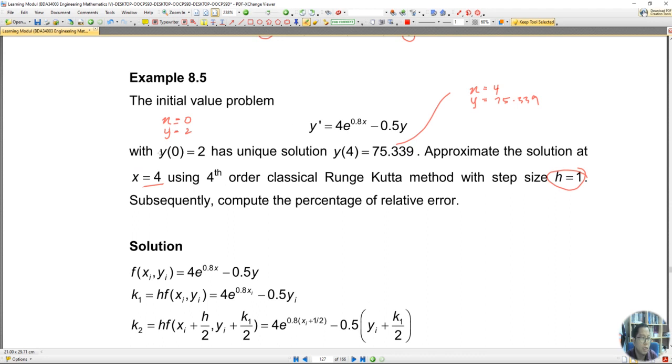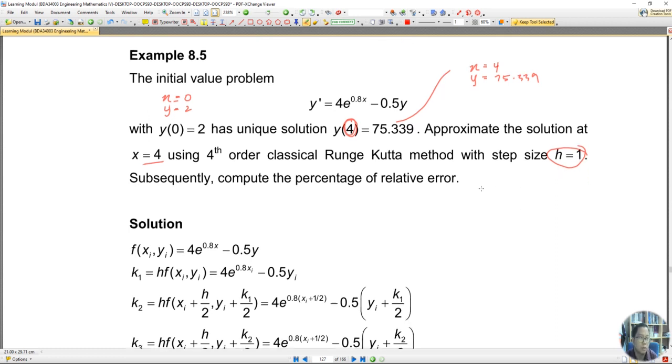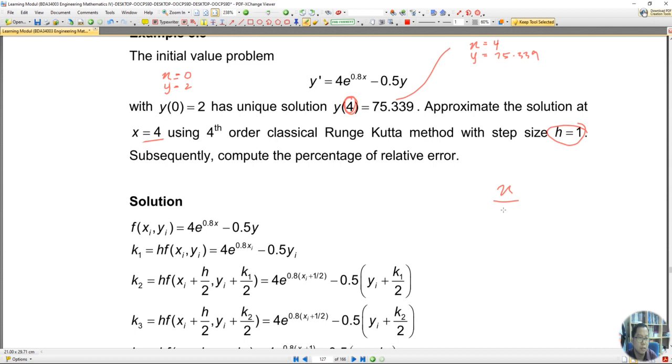They are asking you to iterate from x equal to 0 until x equal to 4 with step size 1. So x starts from 0, 1, 2, 3 and 4.